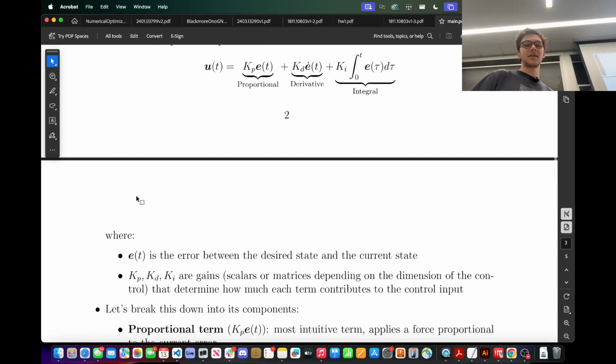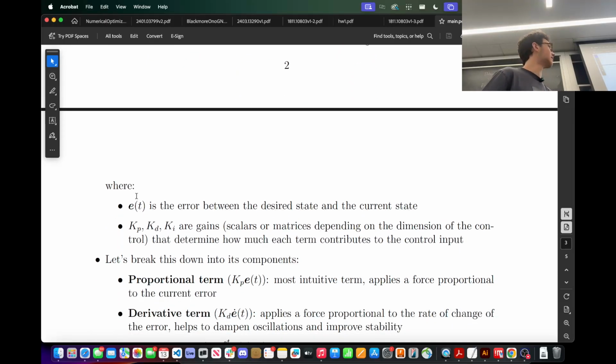Then you have some other terms which are slightly less intuitive. This second term, the derivative term, applies a force proportional to the rate of change of the error.